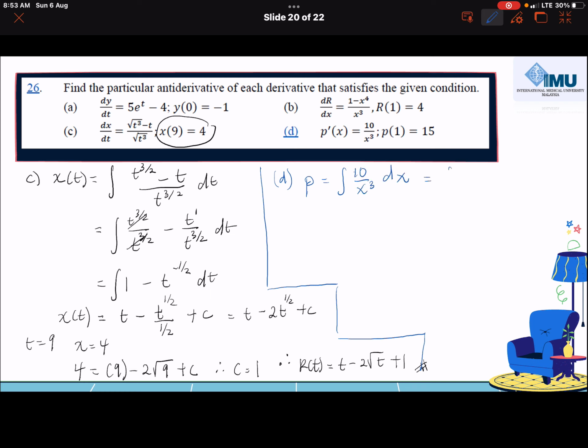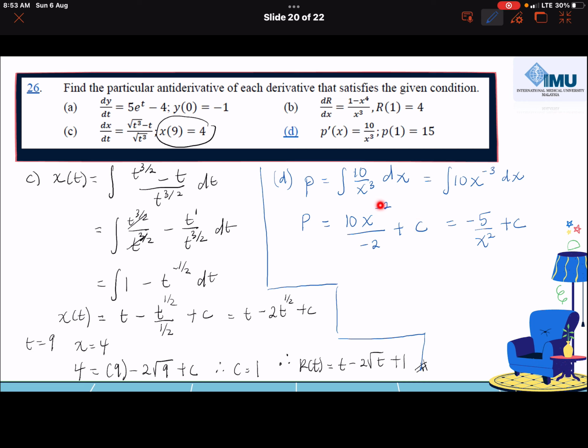Now if I rearrange it by bringing the power up, it becomes a negative power. So I can perform a very simple, direct integration. The power will be increased by 1, so it becomes negative 2 divided by negative 2 plus c. So your p function can be written as negative 5 over x squared plus c.